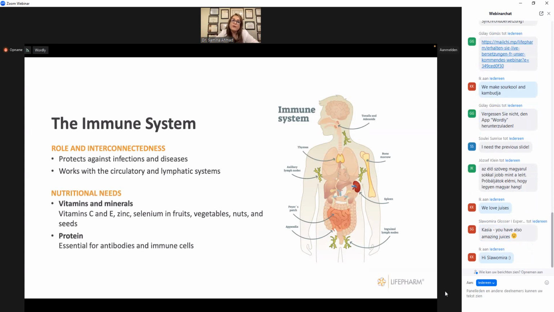Why do you need the amino acids? Because you want to build up your immune cells. You want to build up your B cells, your T cells, your natural killer cells, NK cells. They need to be built up because they are your fighters. If your army is weak, it cannot fight the enemy, the virus or the bacteria.